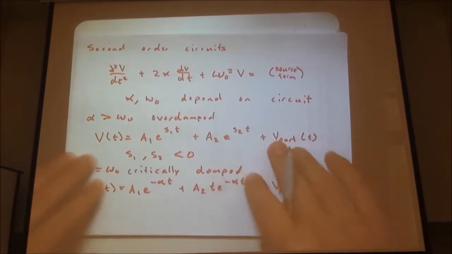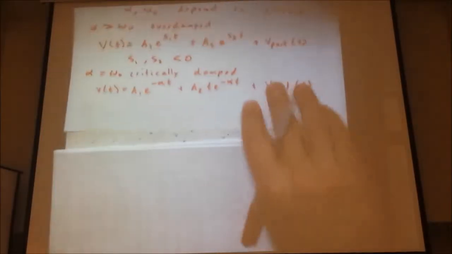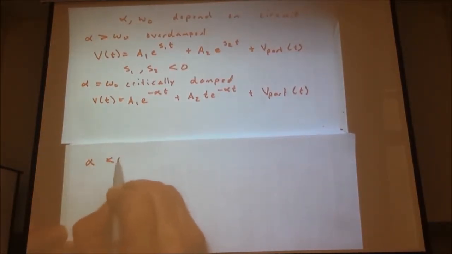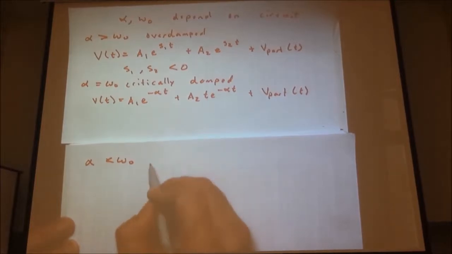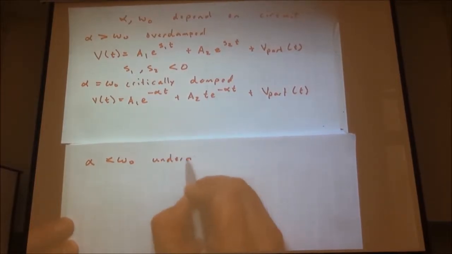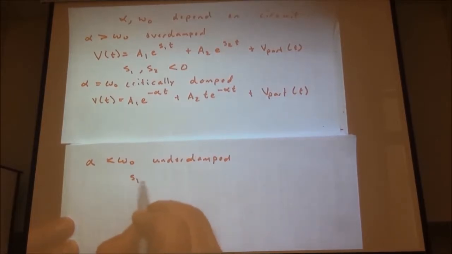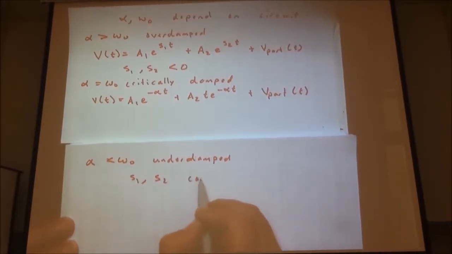And then finally, we can look at our third case, alpha less than omega naught. And so we're underdamped. And it's worth noting S1 and S2 are now complex.